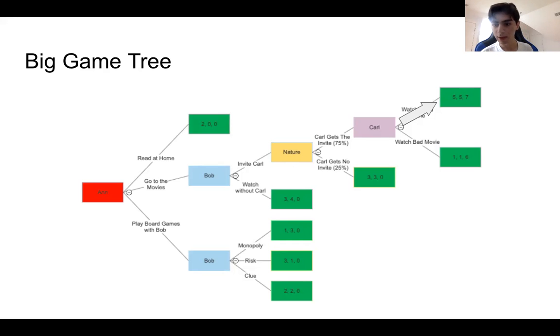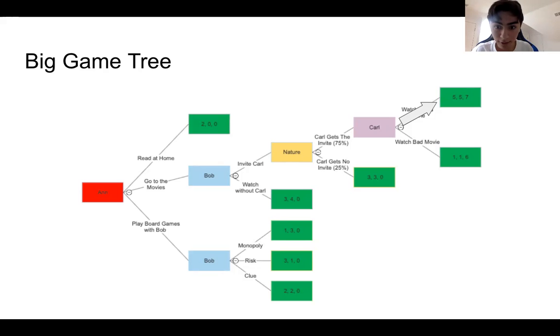Yeah. So basically, we know that because there's a 75% chance that the email will get sent, we can multiply the probability that it does get sent with the final payoff that occurs when it gets sent. And then we add to that the probability that the invitation does not get sent with the final outcome when it doesn't get sent. So what we are going to do for the payoff, if he invites Carl, is I have a calculator here.